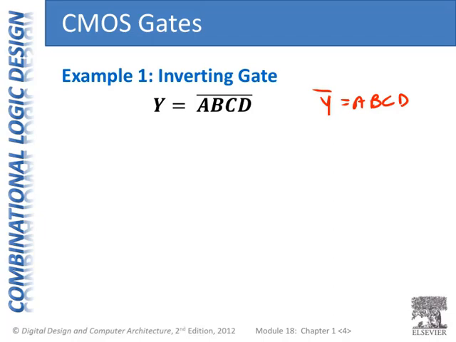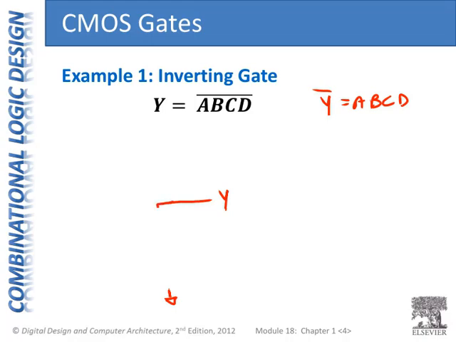Well, Y bar is going to be true when A and B and C and D are true. That means that Y is going to be false. So Y is going to be tied to ground when these variables are in an AND relationship.